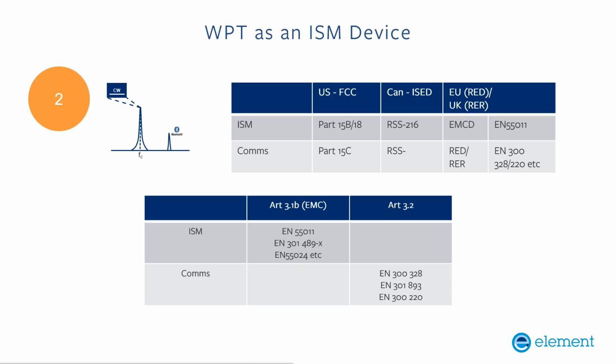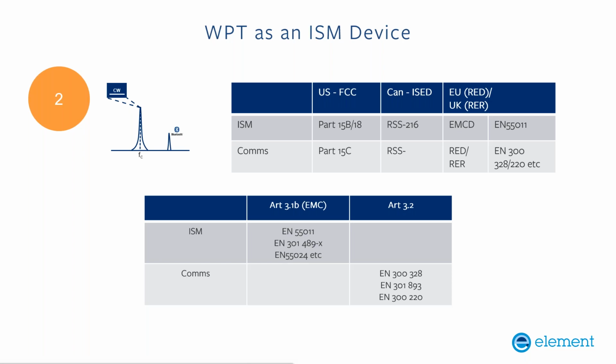So when we're thinking about WPT as an ISM device, the way that the European regulations are written is that you only have a product that is placed on the market. So here, in the example that we've got, a WPT that has just a CW carrier frequency and a different frequency or technology used for the communication.